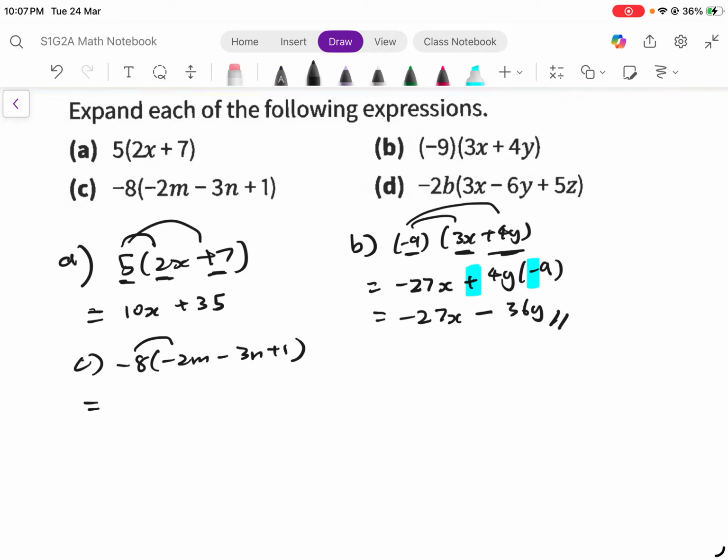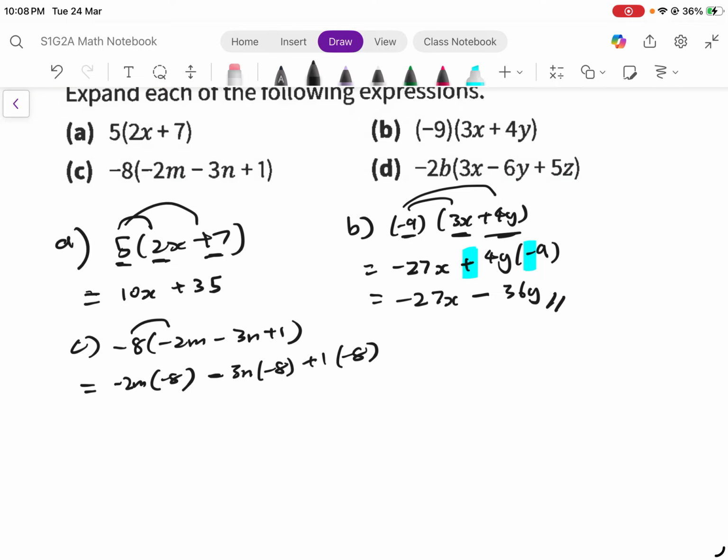Okay, so multiply in, so you get minus 8 minus 2m minus 3n times minus 8 plus 1 times minus 8. Okay, not to confuse you all, since I put the minus 8 at the back, I'm just going to follow along. Minus 2m minus 8.